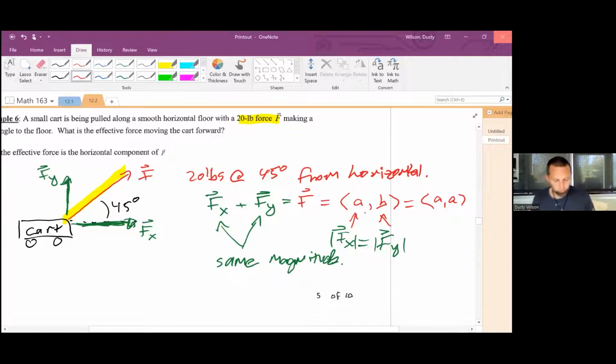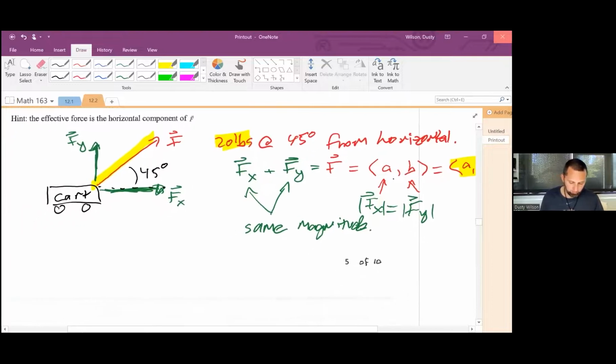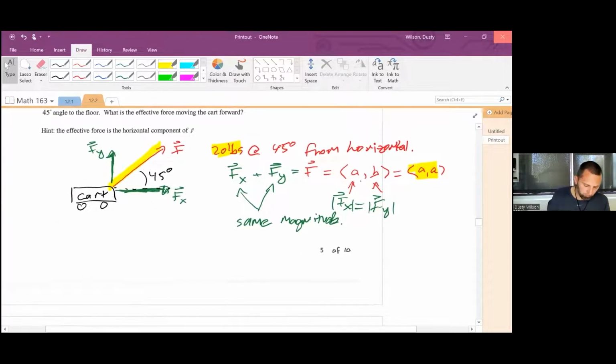So how can we use this? Well, we know that the magnitude of this vector is going to be 20. And so let's find the magnitude of a vector that has the form <A, A>. The magnitude of the <A, A> vector would be the square root of a squared plus a squared, or a times the square root of 2.